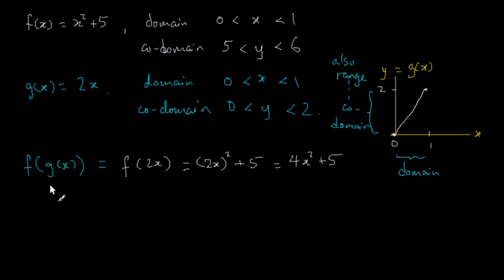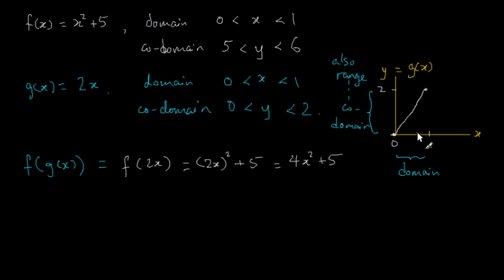Now let's come back to the composite function. You know what the composite function means? It means that starting from a value of x, in this case for g(x), some value between 0 and 1, we can calculate a value for g(x).